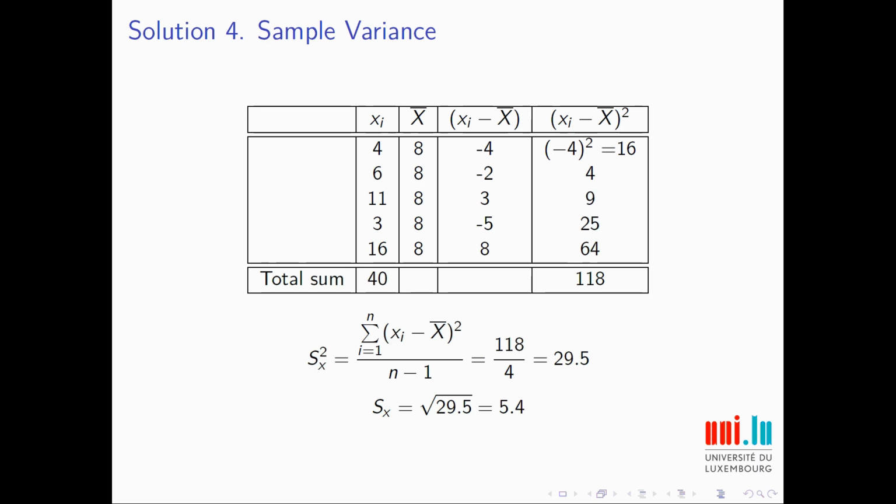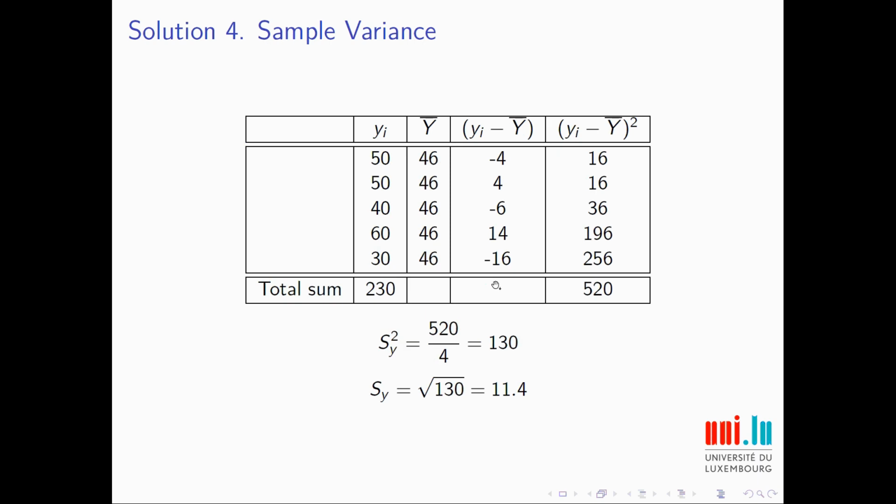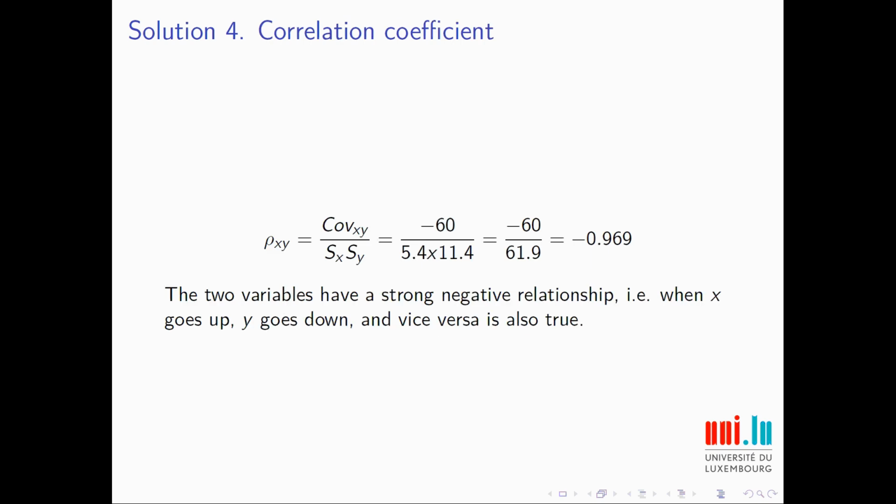If we divide it, we get the sample variance, and the standard deviation of our sample is just the square root of the sample variance. So with this exercise, almost everything is on the slide. The same for the y variable.